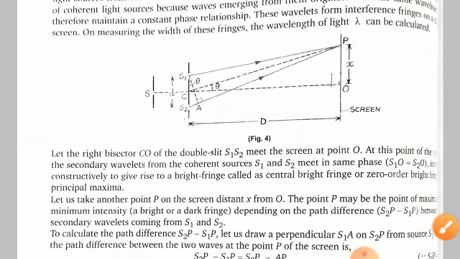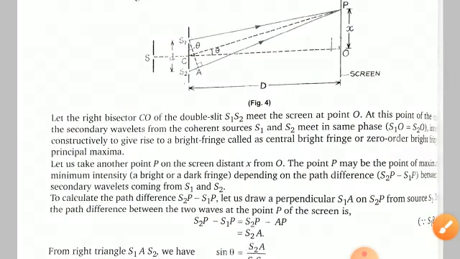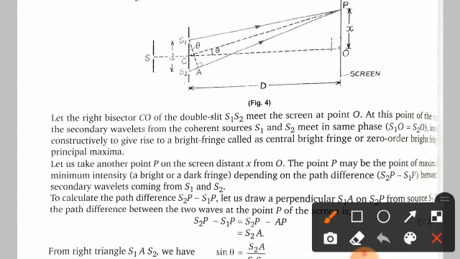What will happen here? Let the right bisector CO of the double slit S1 and S2 meet the screen at point O. I hope you know the bisector. Clear? So, you can see from the figure the right bisector CO. Where is CO? This one. That you can say is the principal axis of the double slit S1 and S2, meeting the screen at point O. At this point of the screen, the secondary wavelets from the coherent sources S1 and S2 meet in the same phase, meaning S1O and S2O.